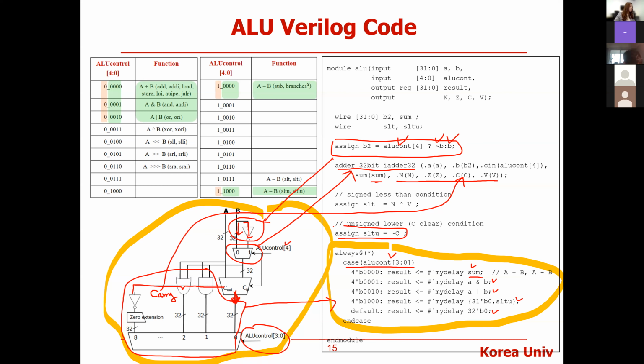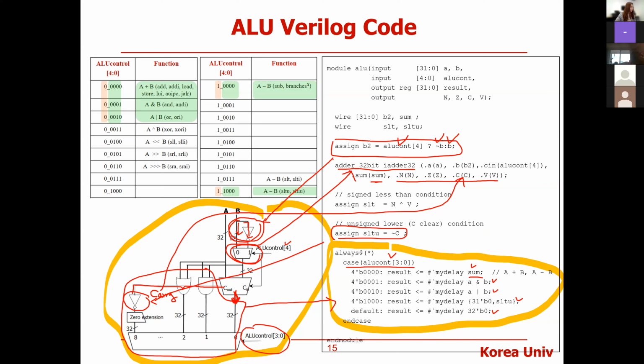Then SLTU, right? SLTU corresponds to this one. So the thing is, in hardware design, you can design this component in a language, Verilog, and this component in the language.